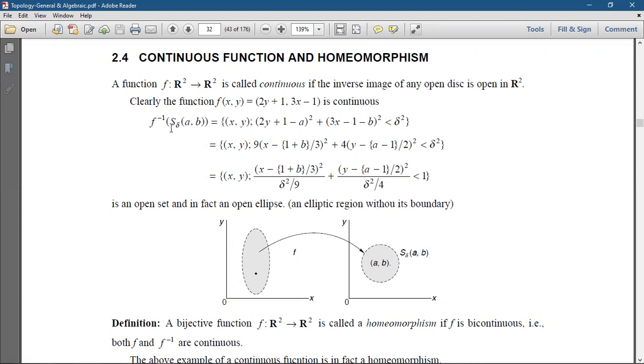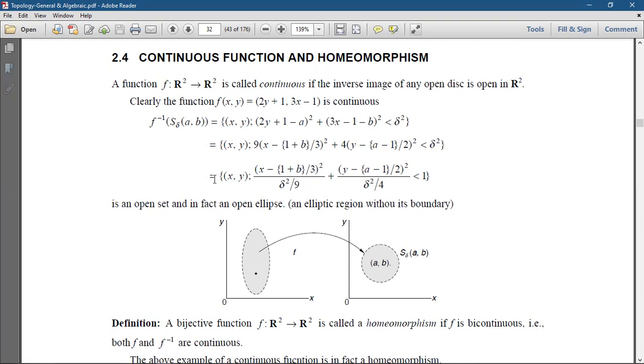Let us consider the disk with center (a, b) and radius delta and find f inverse, which is the set of (x, y) such that (2y + 1 - a) whole square plus (3x - 1 - b) whole square is less than delta square, which is equal to the set of (x, y) such that 9 (x - (1 + b)/3) whole square plus 4 (y - (a - 1)/2) whole square is less than delta square.